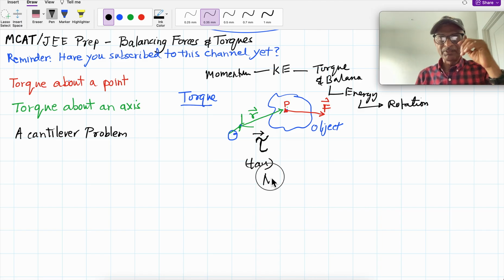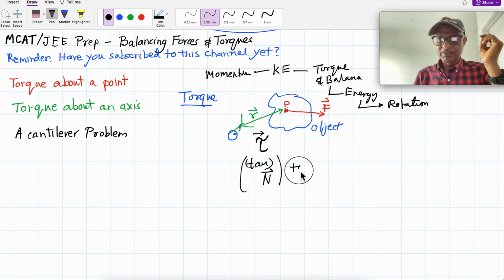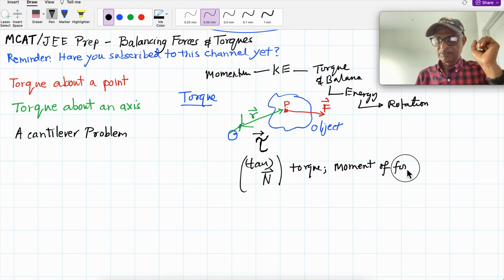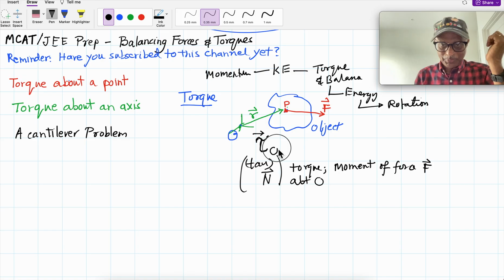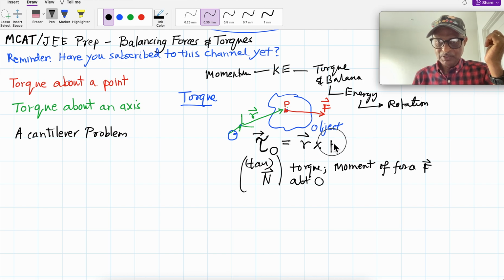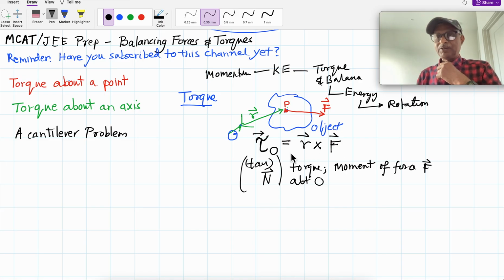Sometimes people use N for that, and sometimes, especially in the older books, you will say moment of force. And here it is the force F about O. So the torque about O. I like to actually put O down here just to remind myself. And this is, by definition, R cross F.